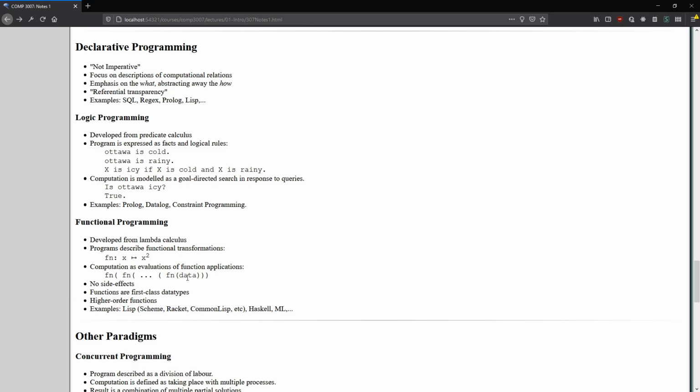So we have the idea of first class and higher order functions, topics that we'll cover in the coming lectures. Once we treat functions as data in a functional language, then we can start passing the code itself into other parts of the code. And it can be a very powerful feature, as we'll see. So a number of examples of functional languages exist, such as Lisp and Scheme, which we'll be covering in this course, as well as Haskell and many, many others.